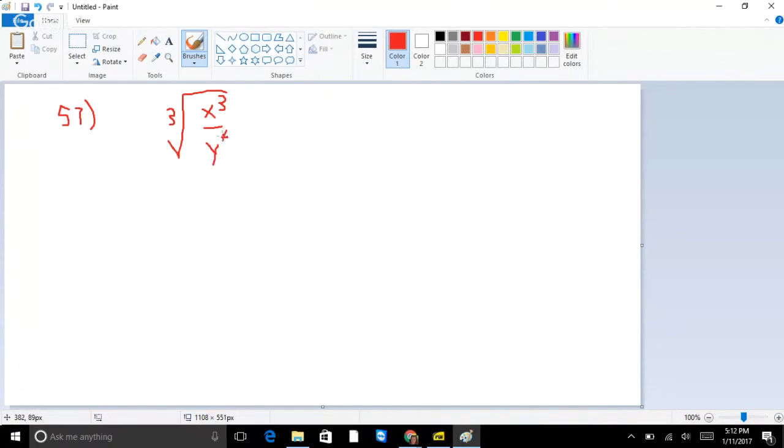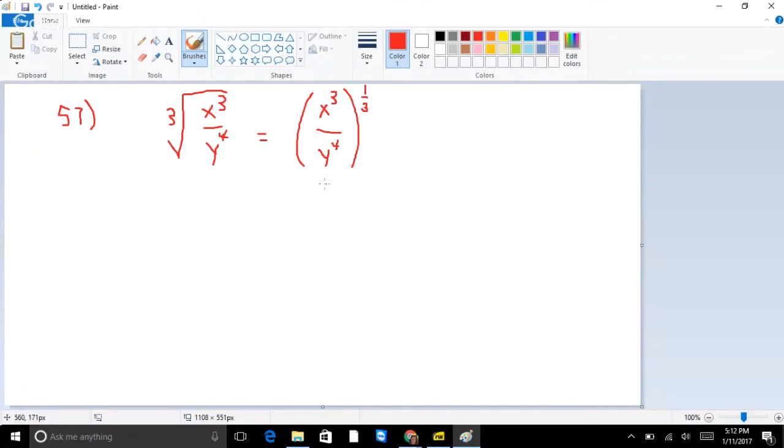All right, so what we want to do is, we know that another way to write the cube root is to write it to the 1/3 power. So we can rewrite this as x to the 3rd power over y to the 4th power, all raised to the power of 1/3. And that's from section 6.1, where we learned that cube roots are the same.